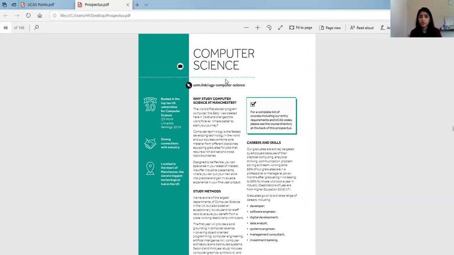So again, it's really important that you make sure you do your research properly. So again, it's the same layout, a bit about why you should study this course at Manchester, study methods and careers. So for example, if you study computer science here at Manchester, it's likely that you could be a software engineer, or that you'll have the skills in order to be a software engineer.